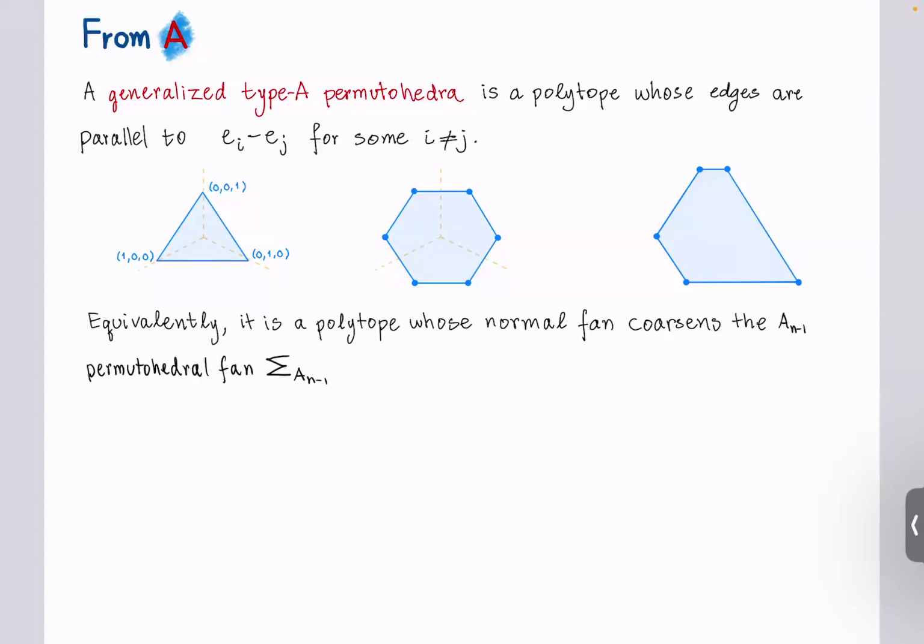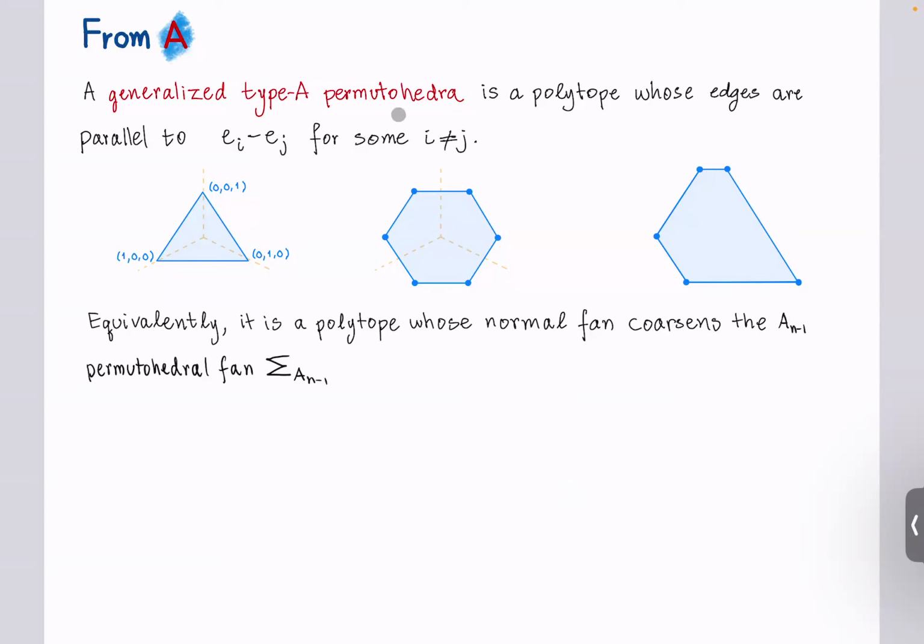Right, good question. You know now what permutohedra are. Now I'm going to generalize it to what we call generalized permutohedra. It's been studied for a long time, and many people know it very well. It's usually just called generalized permutohedra, but I'm going to emphasize by putting type A, because it's associated to type A. So what is it?